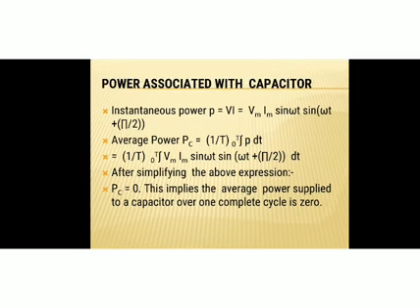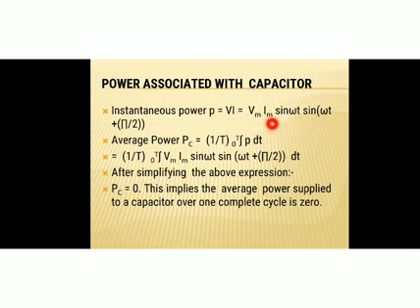Then what will be the average power associated with the capacitor? So for that we need to substitute the expression for average power. You know average power P is equal to 1 by T integral 0 to T p dt, where p is the instantaneous power and instantaneous power is VI, that is Vm sin omega t into Im sin omega t plus pi by 2.